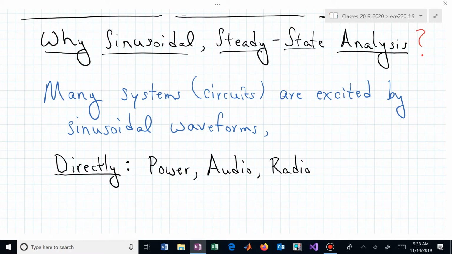In this class, we're dealing with circuits, and you'll deal with circuits in 320A, but in other classes you may not be restricted to circuits, but you may be covering systems. For example, in a communications class, you're going to have sinusoids floating around all over the place.